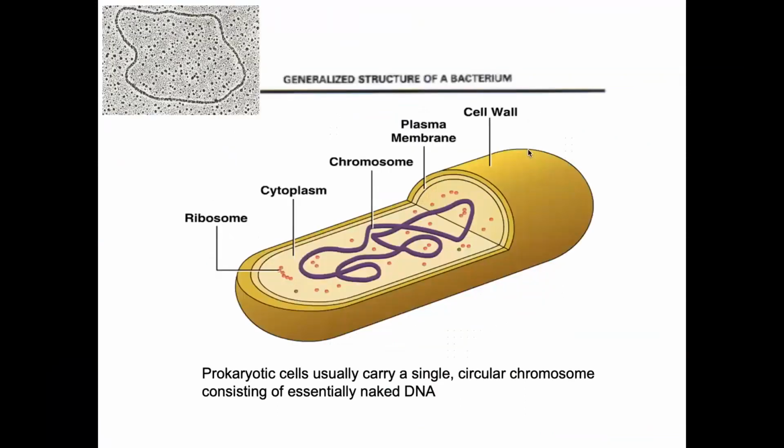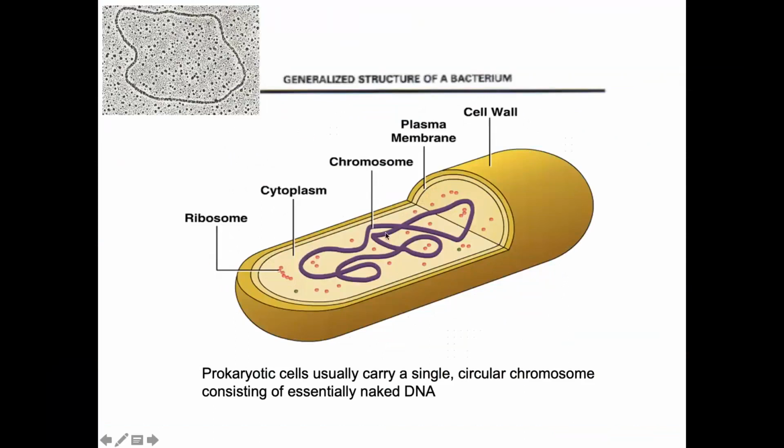So here's a generic representation of a bacterial cell, representative of a prokaryotic system, a prokaryotic cell. Here's the outer plasma membrane. Here's the cytoplasm that's enclosed by that membrane. And then lastly, you have a chromosome.